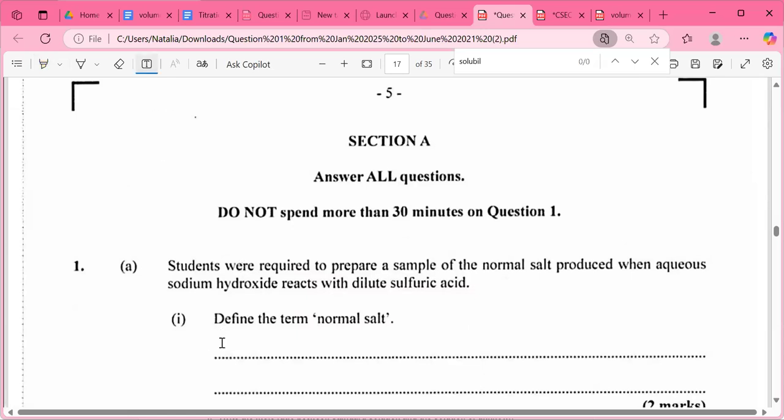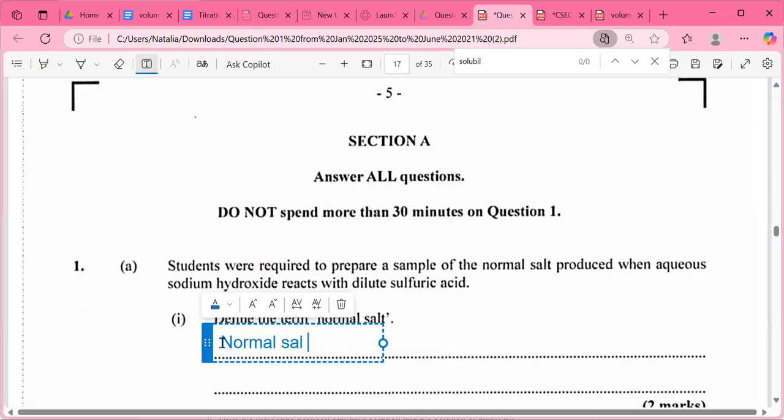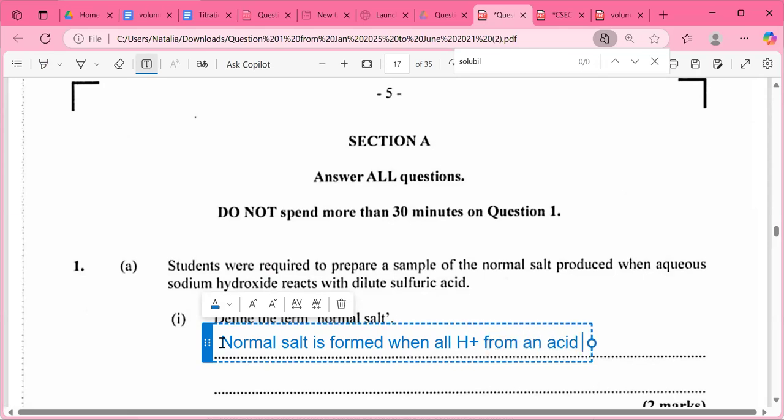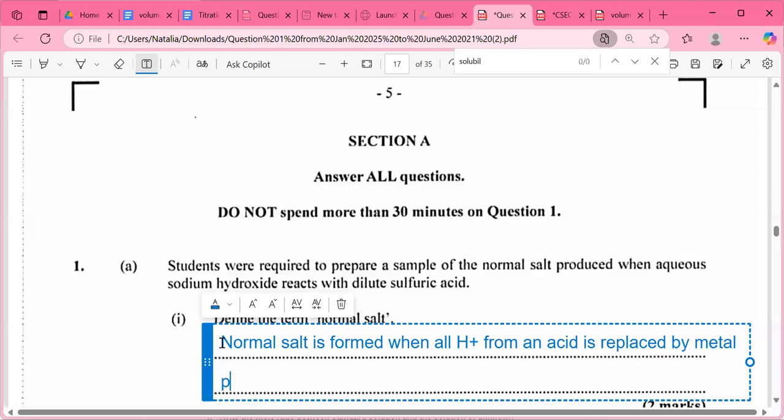So a normal salt is a salt formed when all the H plus ions from an acid is replaced by metal or ammonium ions. So that's a normal salt.